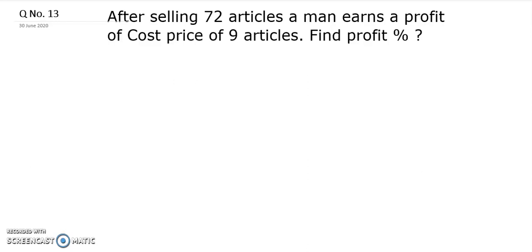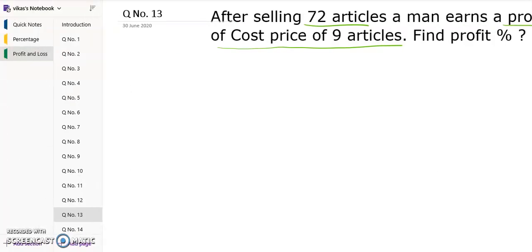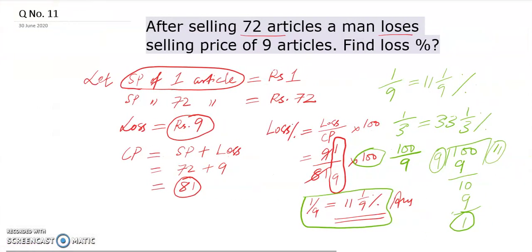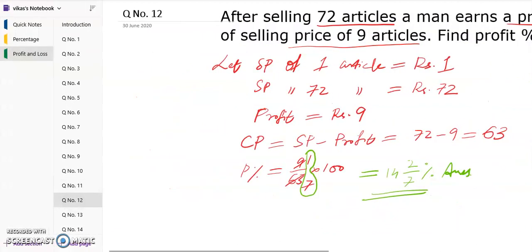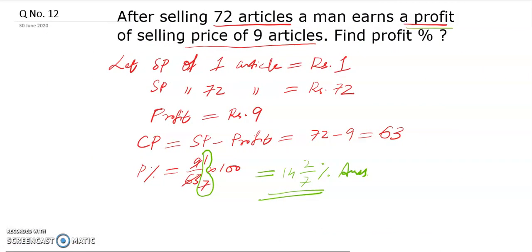Question number 13. After selling 72 articles, a man earns a profit of cost price of 9 articles. Find profit percent. Now in this question, the profit is on CP, on cost price. If we look at the previous questions, question number 11, the loss is on selling price of 9 articles, and question number 12, profit is on selling price of 9 articles.